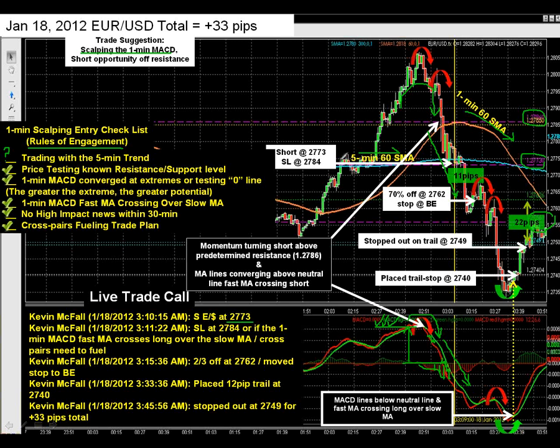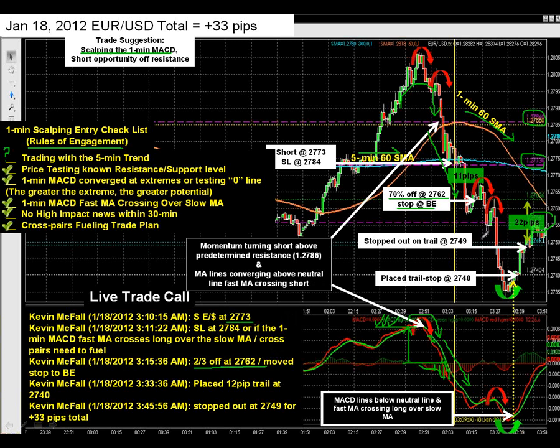I always recommend taking off your first 10 pips and then covering, protecting your capital by covering that and moving your stop to break even. So took 2/3 off, 70% of the position off at 62, and moved the stop to break even. See here on the live trade call, there's the 2/3 off at 62 and moving the stop.